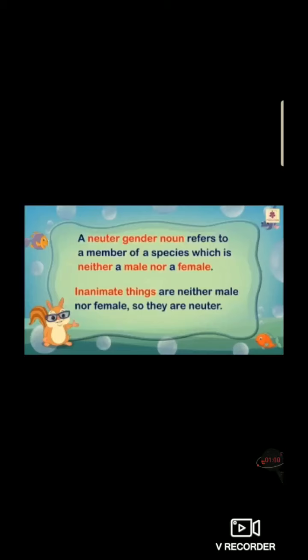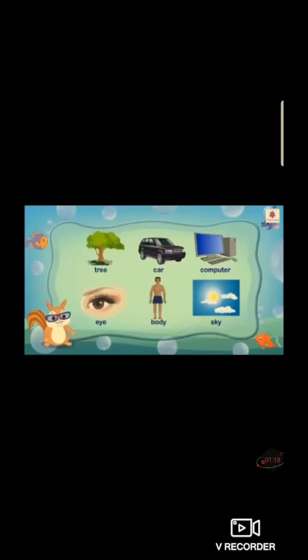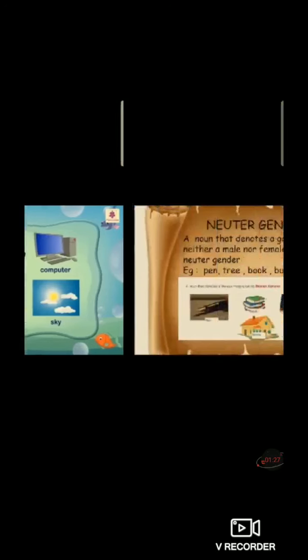Inanimate things are neither male nor female, so they are neuter. For example, tree, car, computer, eye, body, sky. These all are neuter gender.